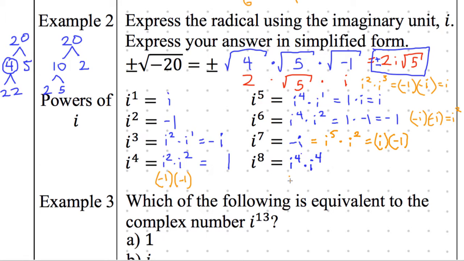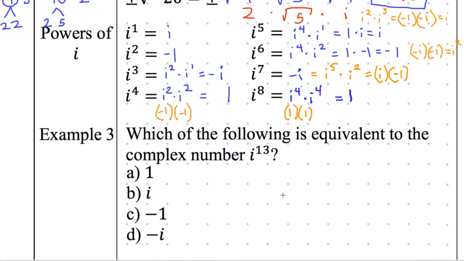That's the same thing as 1 times 1 or 1 squared, which is equal to 1. There it is. Which happened to be 1 over there. I can make this slightly bigger. All right. So hopefully we found enough of a pattern that we can apply it to example 3.